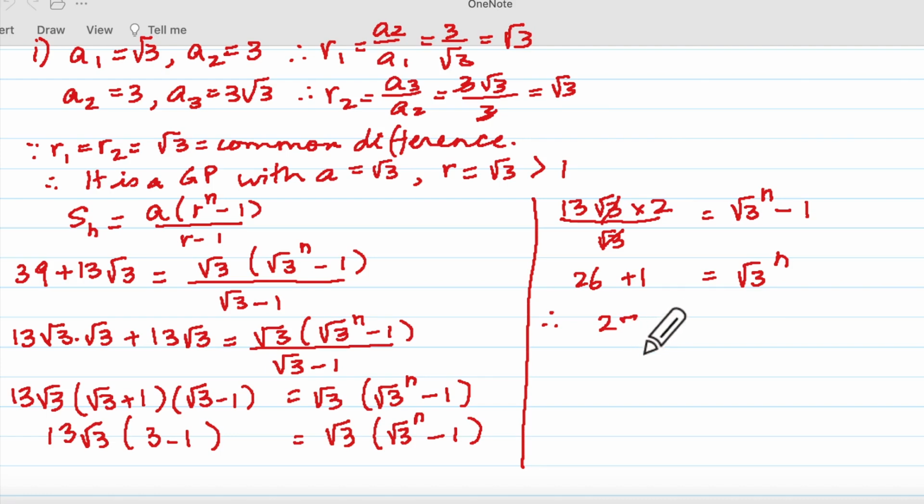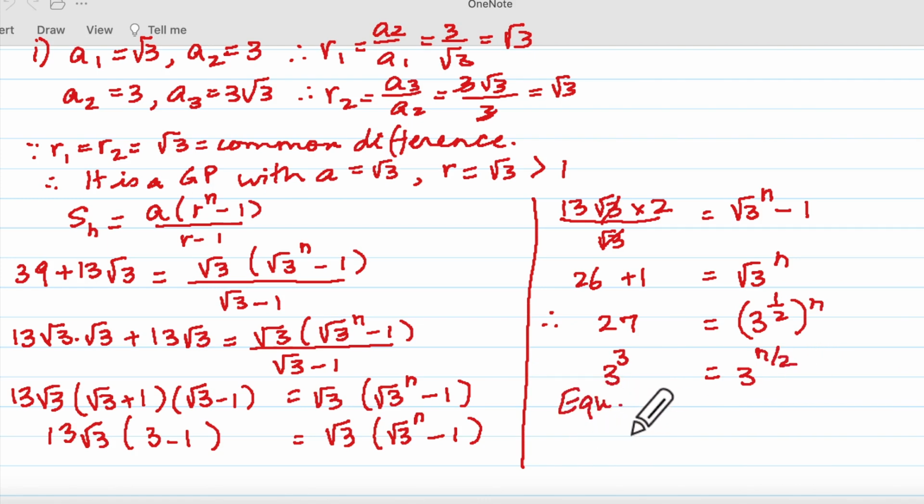And therefore we'll have 27 is equal to, here I'm writing 3 to the power half multiplied by this. This will be 27 means 3 to the power 3 equal to 3 to the power n upon 2, and then we will say equating exponents as the bases are equal.